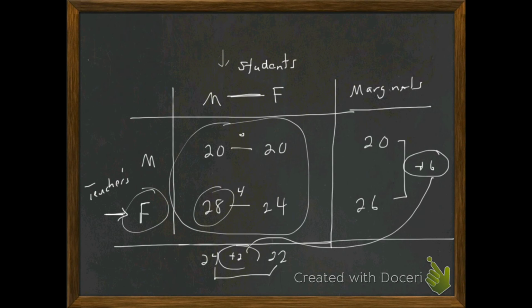Male students are just doing better in the female taught class than female students. But there's also something going on here because of the big difference of the differences. So it's kind of the difference of the differences. There's clearly a main effect here between the gender of the teacher that would be worth examining.